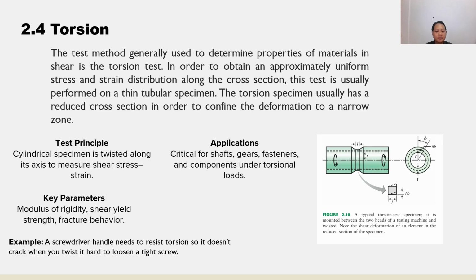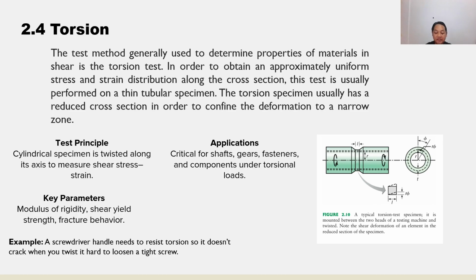The torsion test applies a twisting force to a cylindrical specimen, measuring its shear stress-strain response. This test reveals the shear modulus, yield shear strength, and the nature of fracture under torsional loading. It is essential for evaluating components such as shafts, gears, and bolts that routinely experience torsional stress.